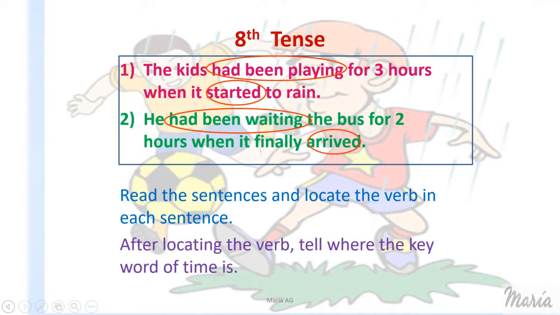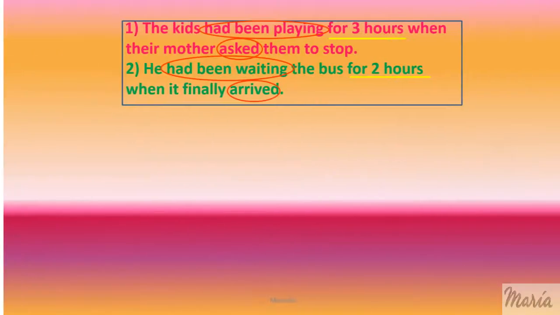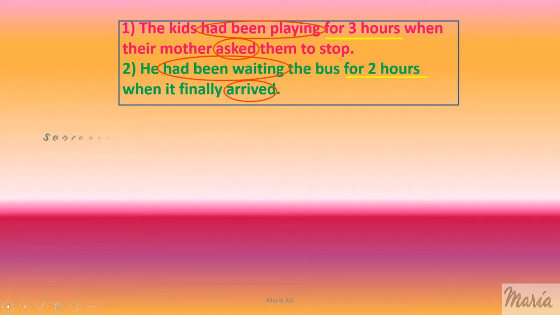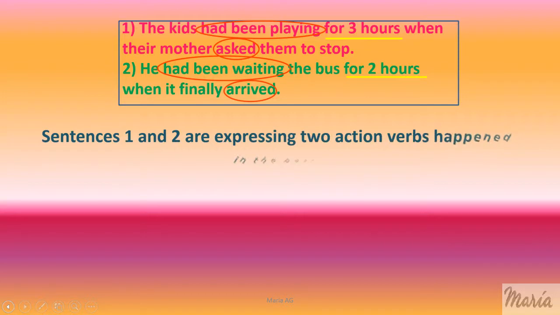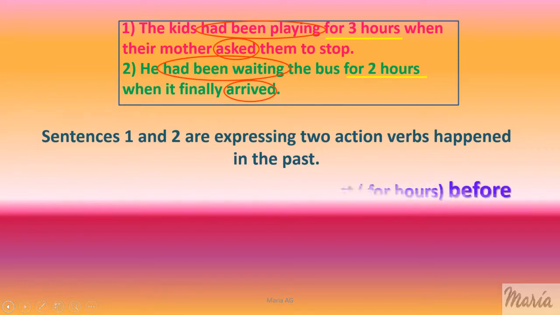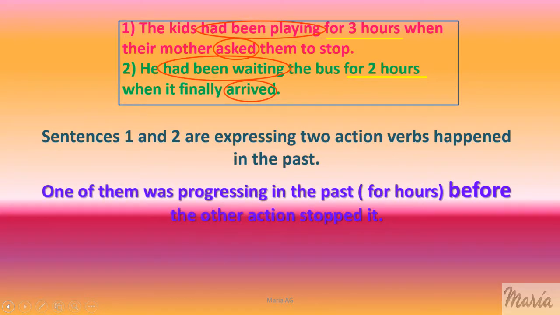After locating the verb, tell where the key word of time is. Sentences 1 and 2 are expressing two action verbs happened in the past. One of them was progressing in the past for hours before the other action stopped it.